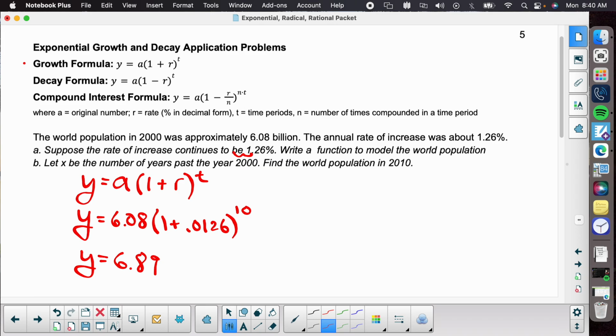We'll just call it 6.89 billion. These problems aren't gonna be too bad. I mean, the hardest part by far is probably having to write the formula down first and then putting the correct numbers in. You don't have to memorize the formula, you don't have to come up with it on your own.